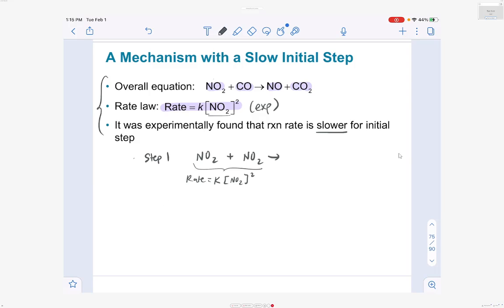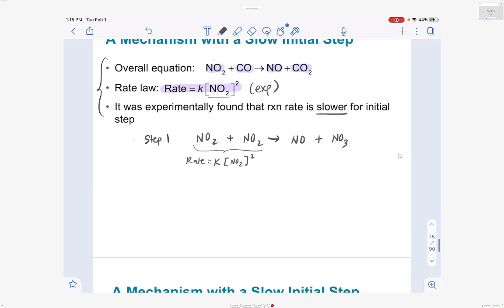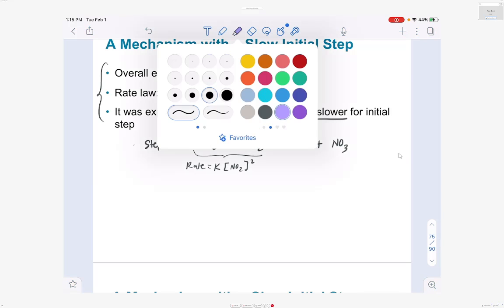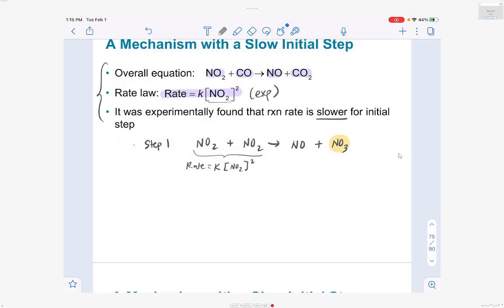And in this reaction, nitrogen dioxide is known to generate nitrogen oxide and nitrogen trioxide. However, since we do not see the nitrogen trioxide in the stoichiometry, this is an intermediate which needs to be used in a faster next step too. So if we incorporate the intermediate.